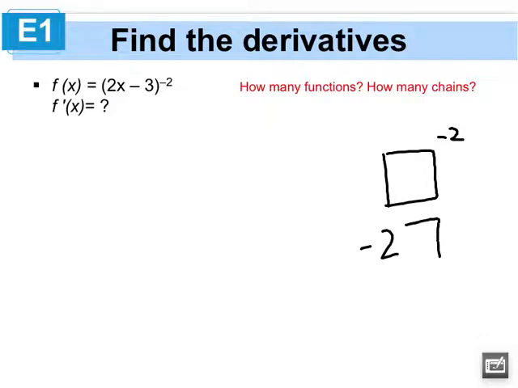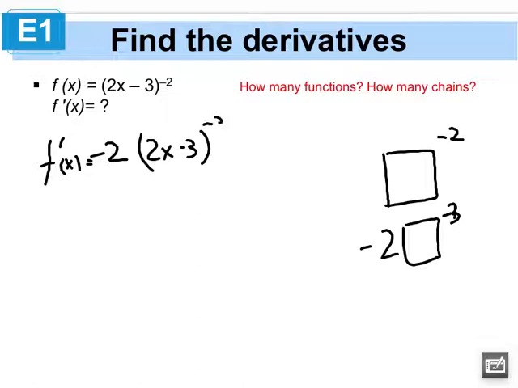Negative 2 times the box raised to the negative third. So f prime of x is equal to negative 2 times 2x minus 3 raised to the negative third power. That's the first derivative.